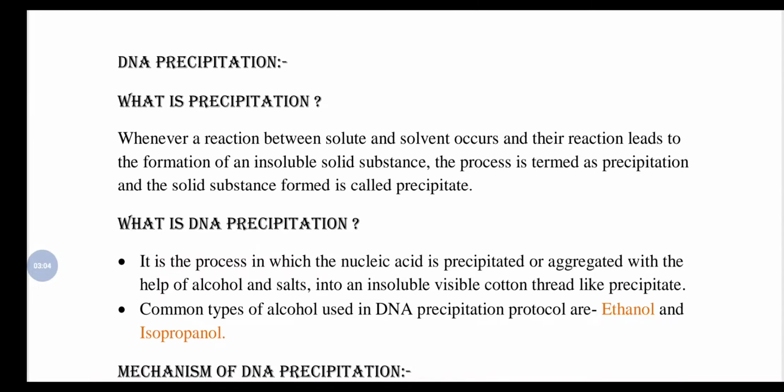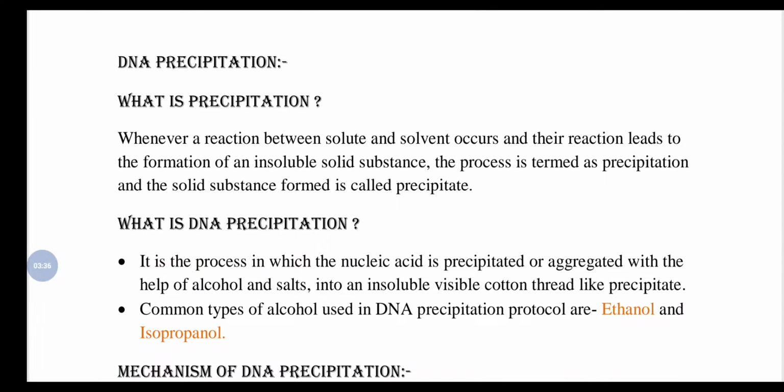So what happens when the salts and alcohol react with the DNA? It reduces the hydrophilic nature of the DNA and increases the hydrophobicity, because of which the DNA becomes insoluble in water. And when it becomes insoluble in water, we get a visible cotton thread like material, which is known as the precipitate.